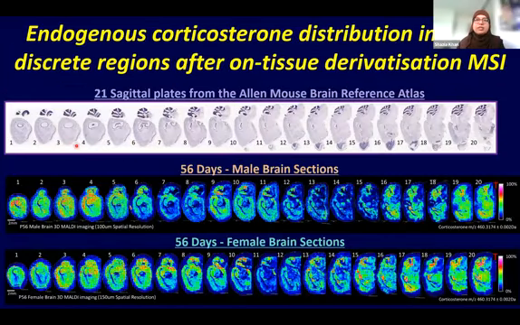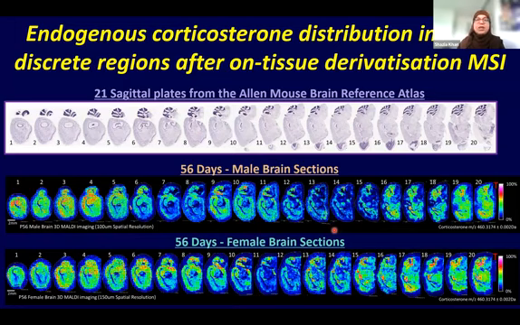And here we can see all the endogenous corticosteroid distribution across multiple sagittal brain sections. As you can see, signals are not uniformly distributed throughout the brain. There is a distinct pattern of corticosteroid distribution within specific anatomical regions, suggesting the regional specificity of these neurosteroids and their regulation and signaling within the brain.